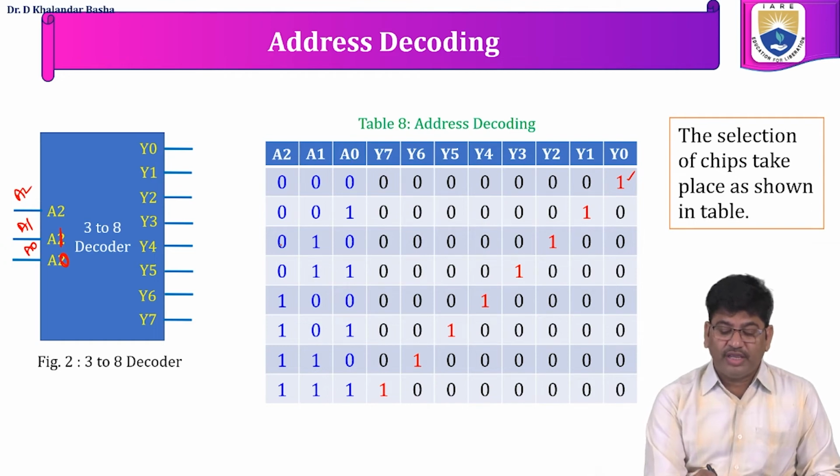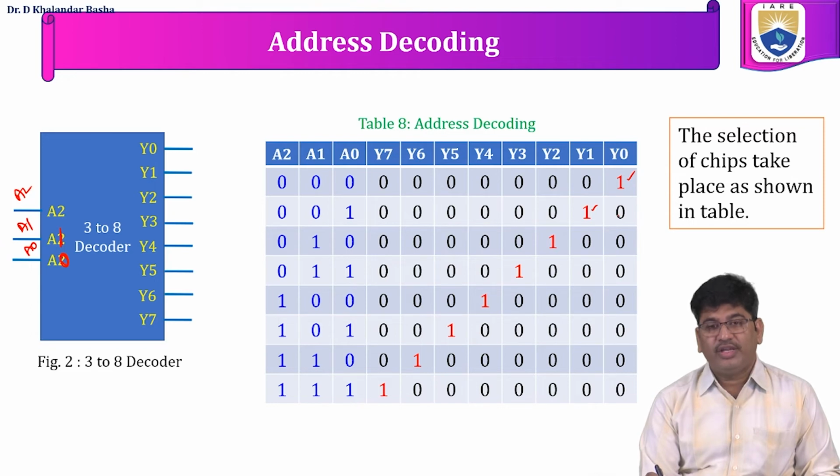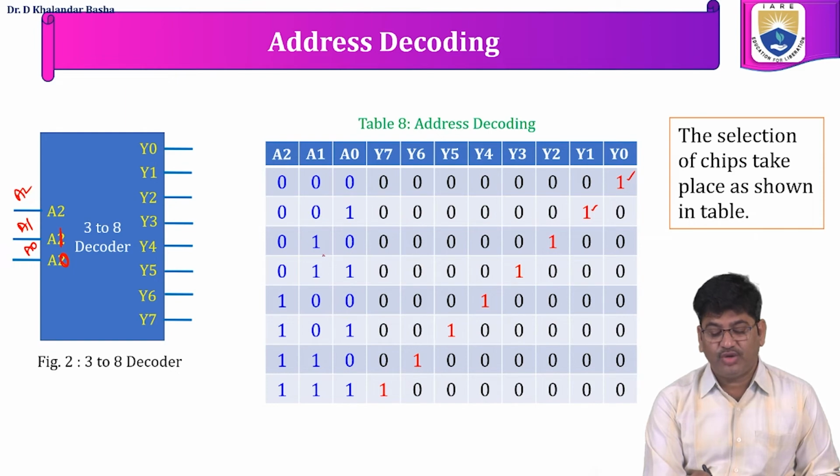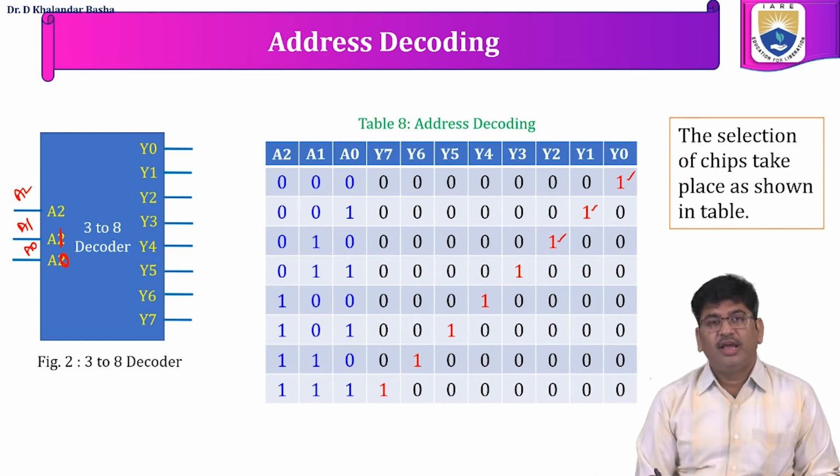When A2, A1, A0 are 0, 0, 1, Y1 will be enabled, Y0 and Y2 to Y7 output signals are disabled. The next input combination on the address lines is 0, 1, 0. When we pass A2, A1, A0 as 0, 1, 0, it will enable the Y2 signal and Y0, Y1 along with Y3 to Y7 are disabled.